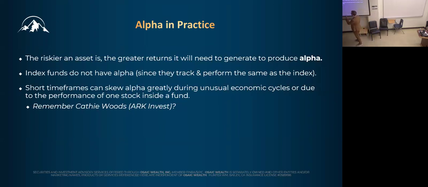Now, short time frames can skew alpha a lot, especially during unusual economic cycles or due to the performance of a single stock inside of a fund. Does anybody remember the name Cathie Wood from ARK Invest? She rose to popularity very quickly with her fund doing really, really well over a short period of time because she held way too much Tesla.